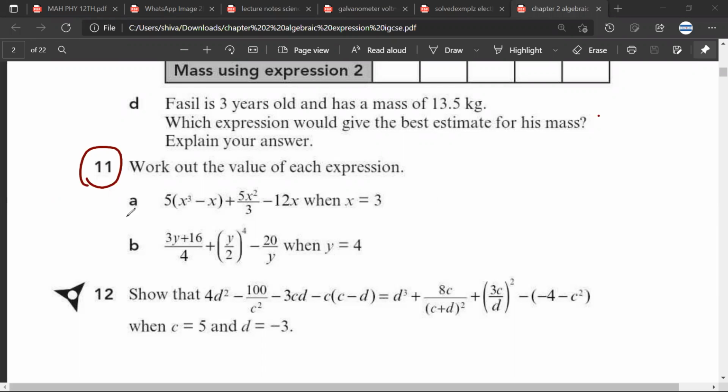So Aryaman, how should I do question 11, part A? So first, we'll replace all the x's by 3.